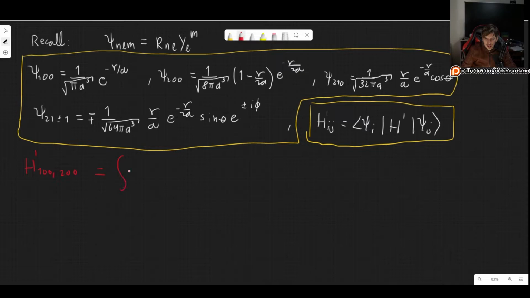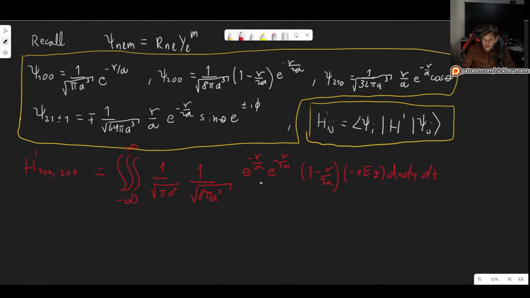So here we would have this integral over all of space, so minus infinity to infinity in Cartesian coordinates, 1 over square root of pi a cubed, 1 over square root of 8 pi a cubed, and then we have e to the minus r over a, we have e to the minus r over 2a, and 1 minus r over 2a, and we still have the perturbation, so we get minus eEz and dx dy dz.